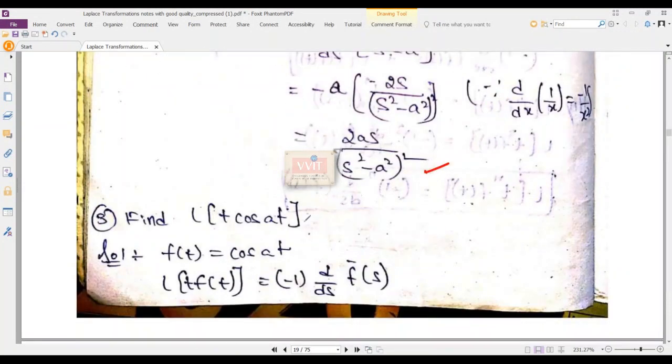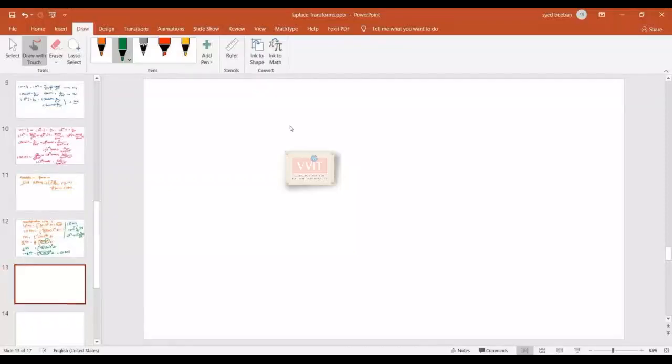Similarly, cos at. Cos at here, guys, in this both the numerator and denominator hold s. Okay, let us switch. L of t times cos at is how much?